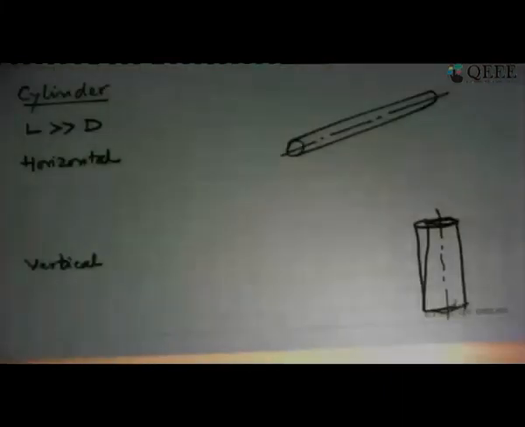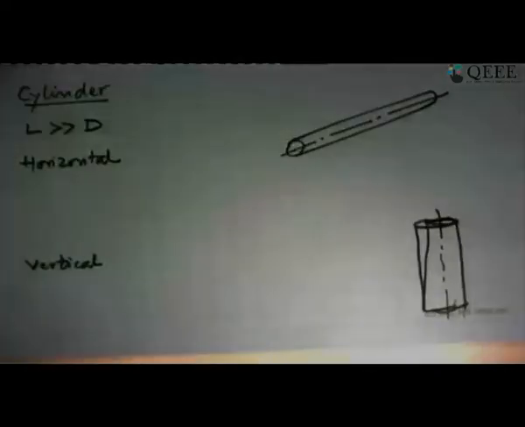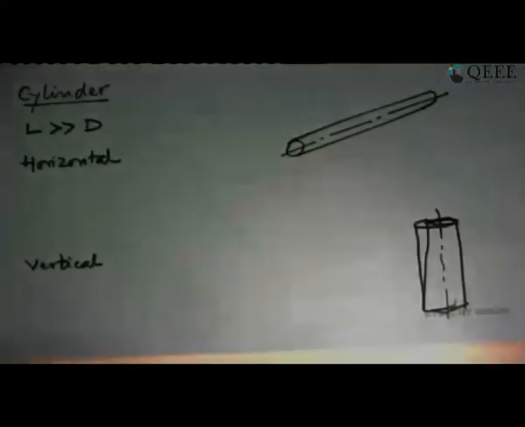The next thing I put up here is a cylinder in cross flow. The example I gave of, say, a hot wire or an electric power cable generating heat, that could be approximated as a cylinder in cross flow. So what happens in this case is we say that the length is much greater than the diameter, and this is where the cylinder sits.